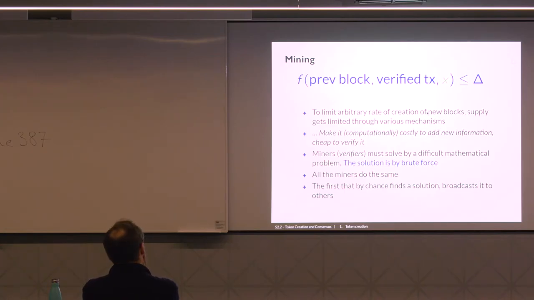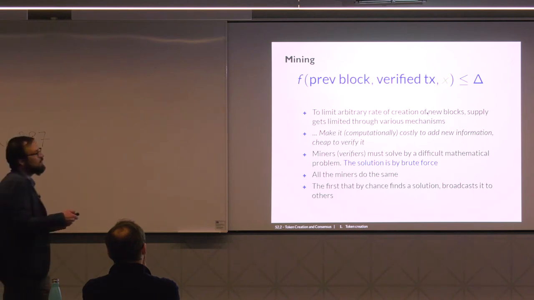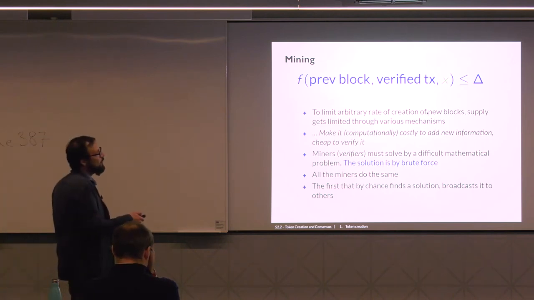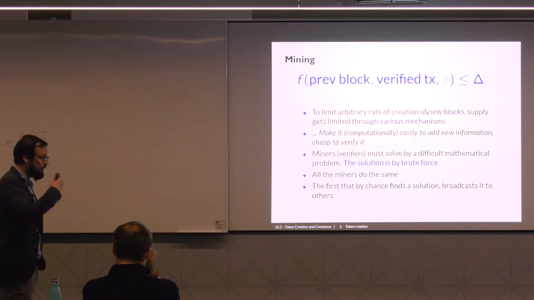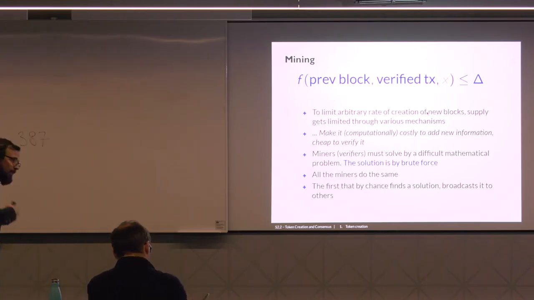All of them are brute forcing solutions for this function. However, it is not necessarily true that they have the same set of verified transactions in the block that they have created, because remember that the transactions are information that is only local. So you have to try many possible solutions until you actually find one.